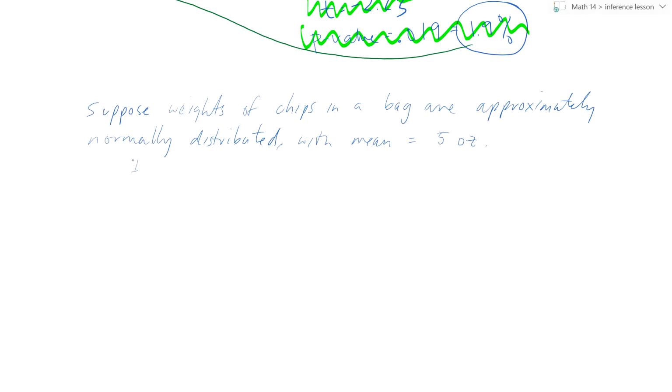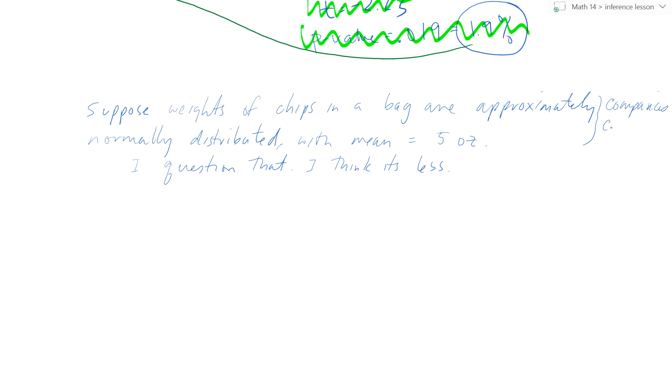Okay, I question that because it seems like whenever I get a bag of chips, I open it, it's half full, and so there's no way it's going to be 5 ounces. I think it's less. Now when I say suppose weights, we're going to say this is the company's claim.